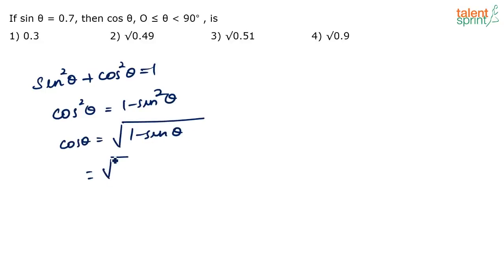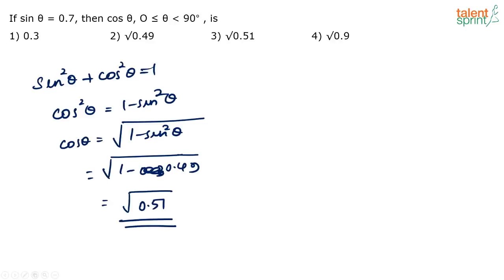So that is nothing but root of 1 minus, okay, 0.7 is what they have given as sin theta. Sin square theta is 0.7 into 0.7, that is 0.49, or this is equal to root of 0.51. Option 3. Yes. Okay. Everybody got 3 as the answer, root of 0.51.